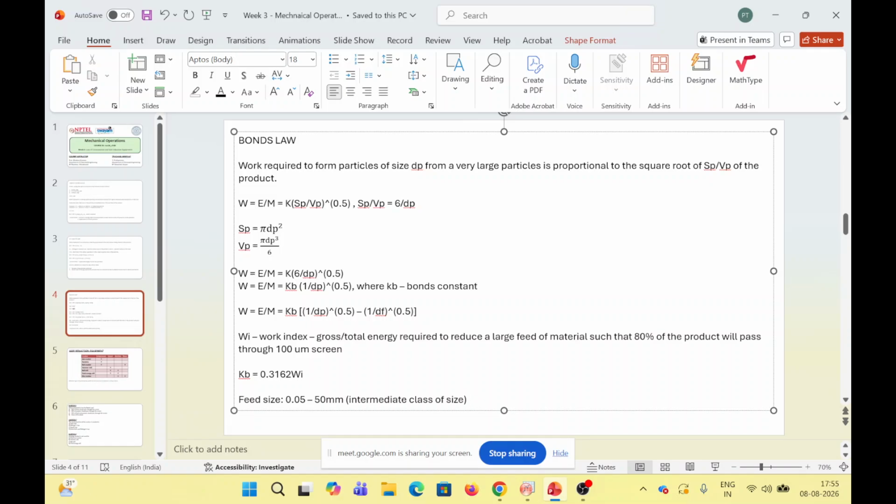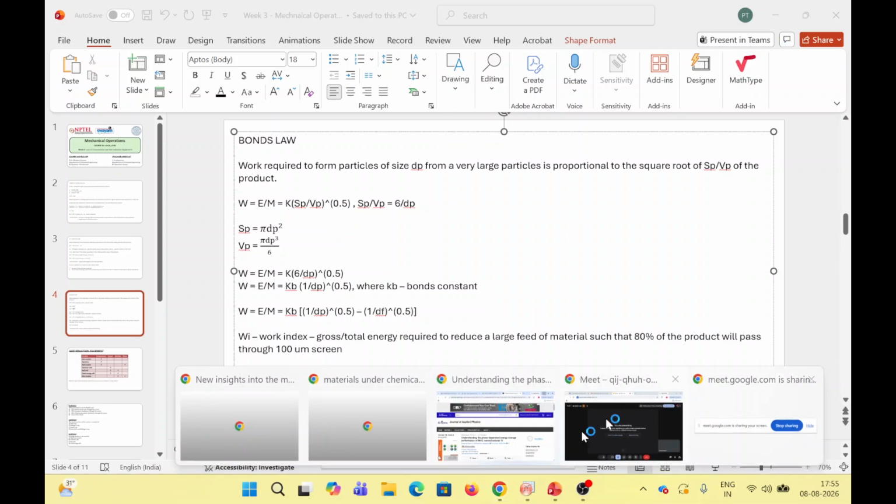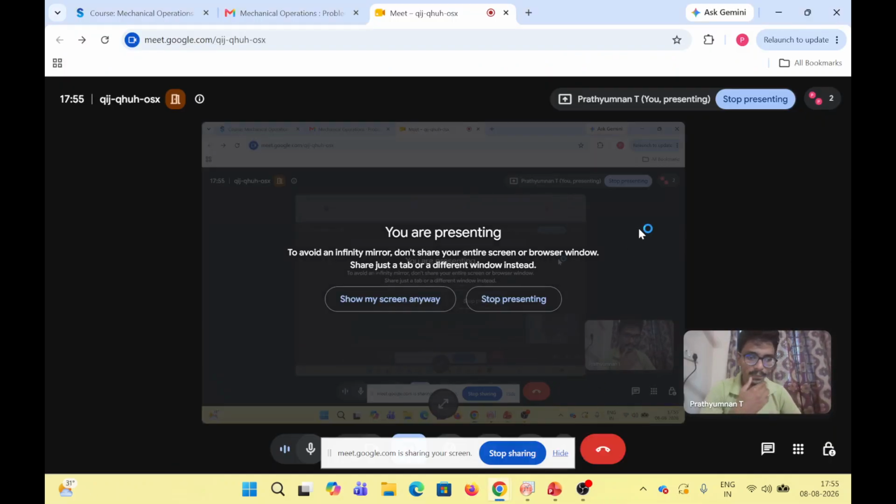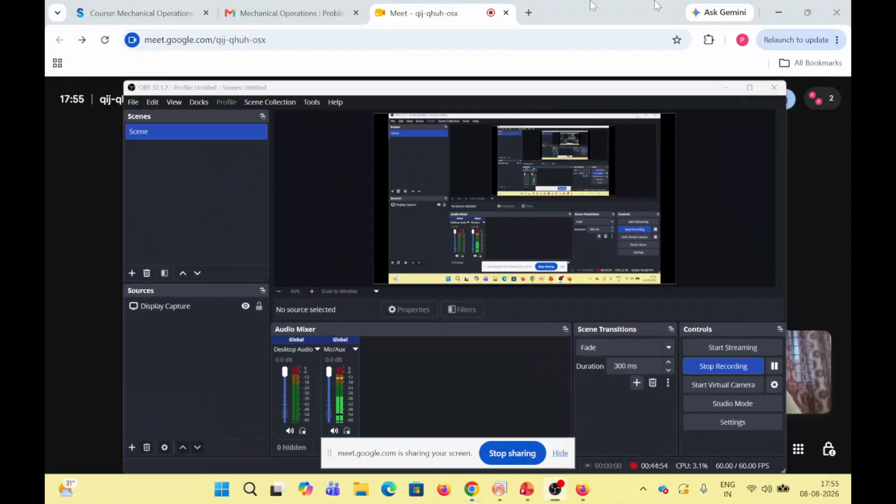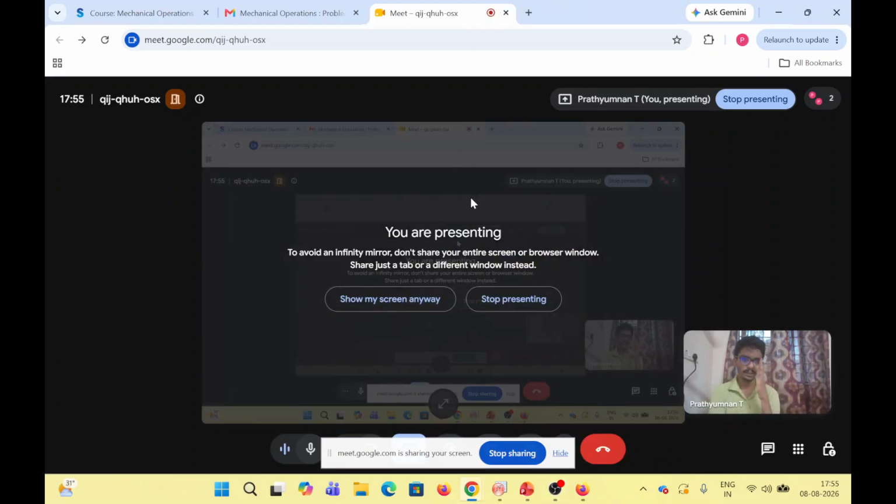Any questions related to these three laws of comminution? Because after this we will move to size reduction. Over there we will see a very brief overview, and then we can progress towards the problems that we have for today's session. Any questions? Sorry. Any questions, anyone? Second, it's getting recorded. Any questions?